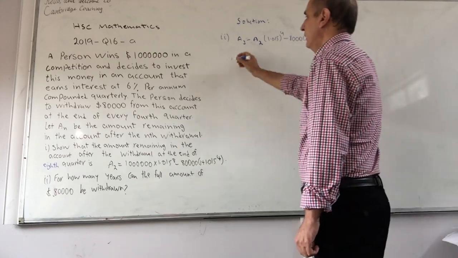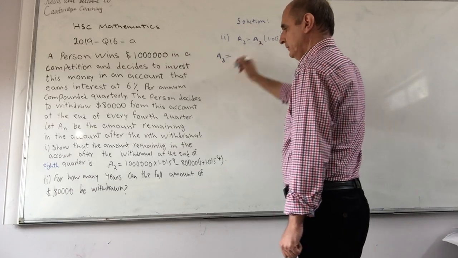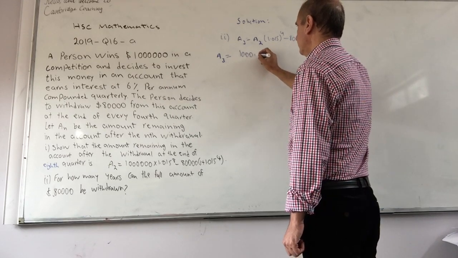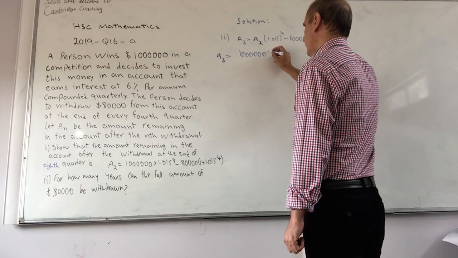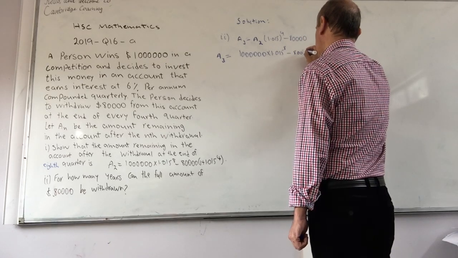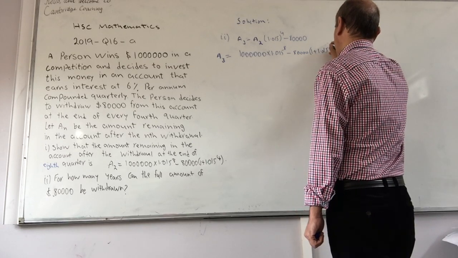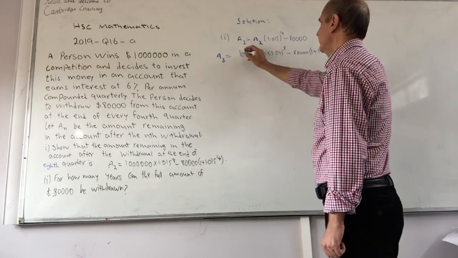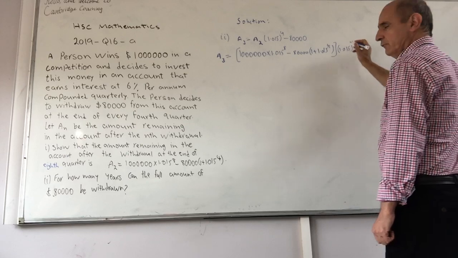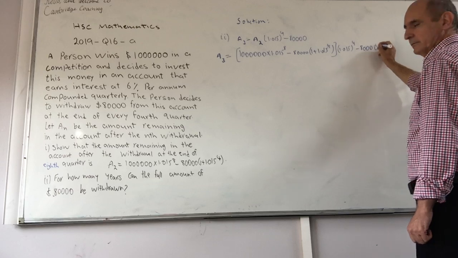And again, if I work this out, A3 will be, I substitute in for A2 from here, so I get 1 million times 1.015 to the 8 minus 80,000 times (1 plus 1.015 to the 4). That's A2 times 1.015 to the 4 and minus 80,000.